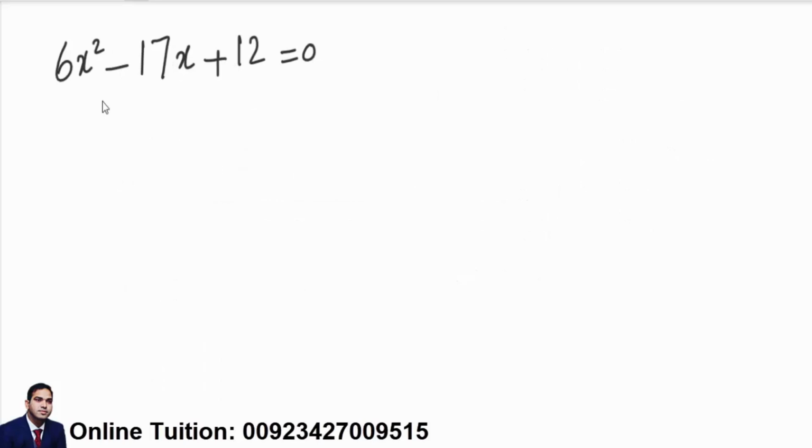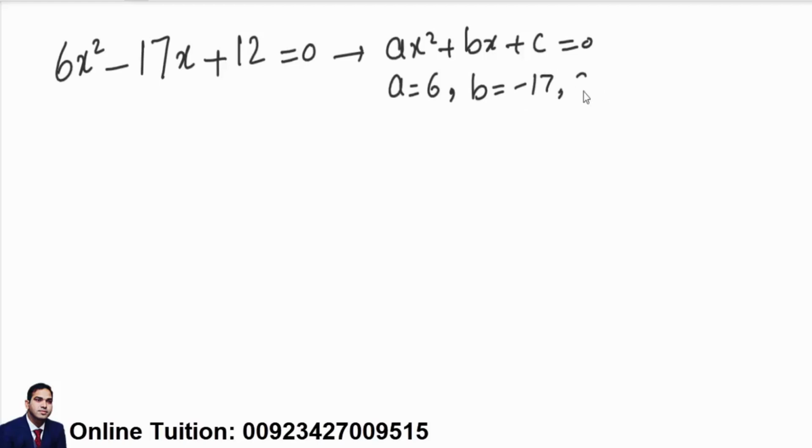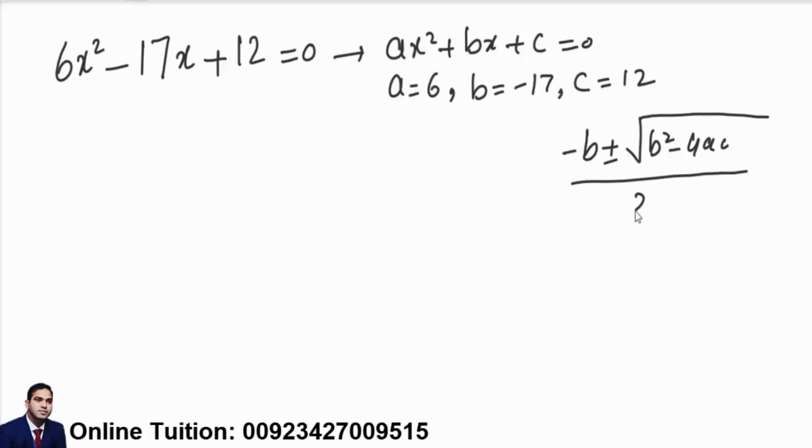We have a question: 6x square negative 17x plus 12, solve it by the quadratic formula. So compare this with the general quadratic equation, ax square plus bx plus c is equal to 0. The coefficient of x square is 6, so a is 6, b is negative 17 and c is 12. The quadratic formula is x equal to negative b plus minus square root of b square negative 4ac, divided by 2a.